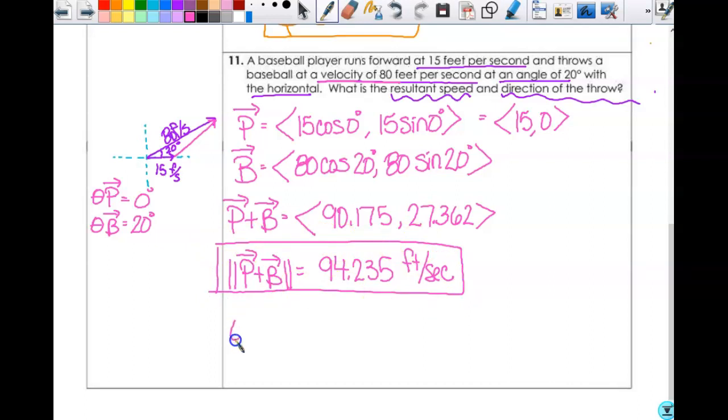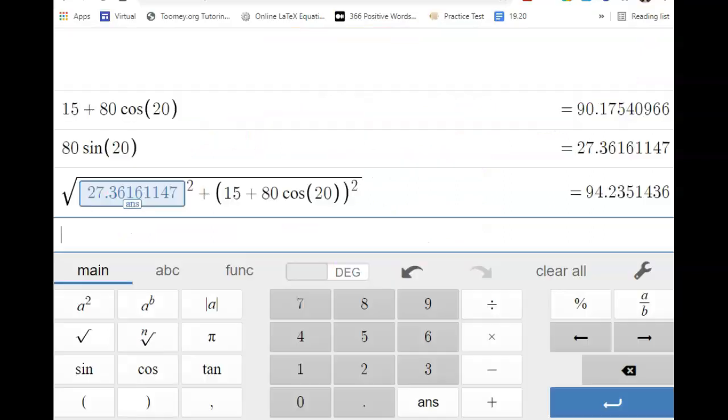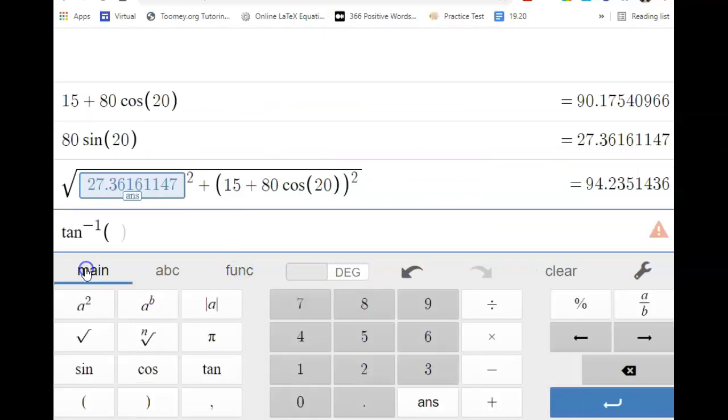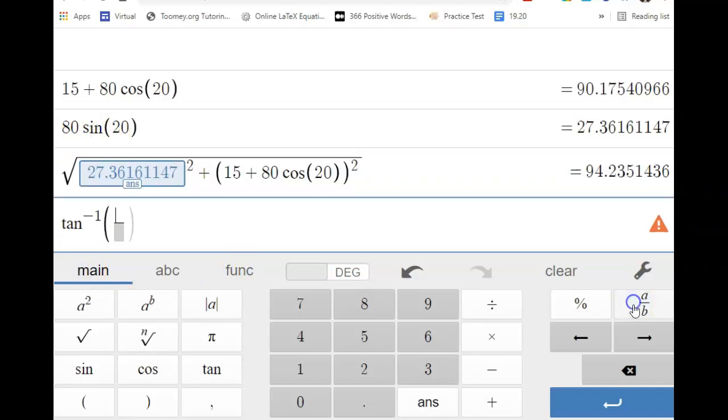Then I'm going to need theta. That's equal to the tangent inverse of, remember that's b over a. So go back to my calculator. Tangent inverse. B, make sure you know which one is which. This is B. So I want a fraction.